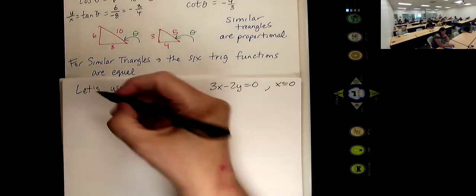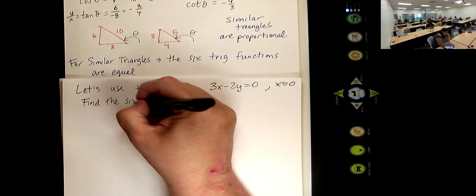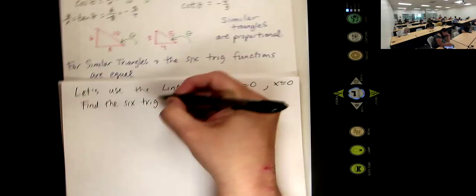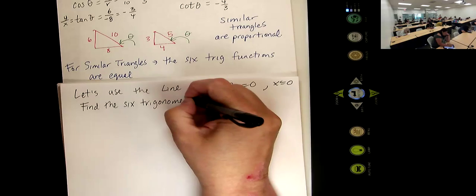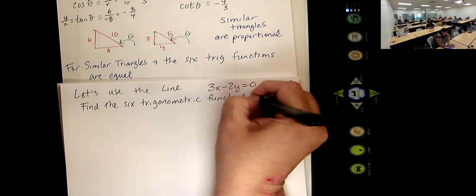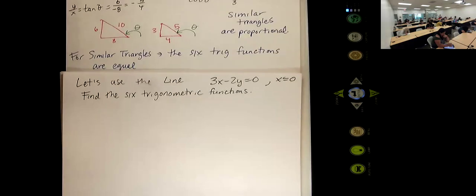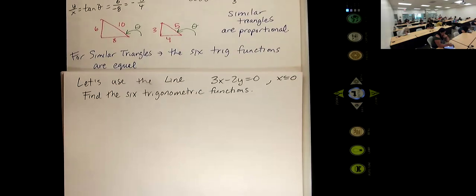And find the 6 trig functions associated with the angle. Now this isn't gonna be intuitive. Hopefully, maybe it is for you.